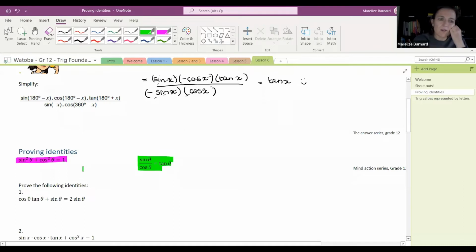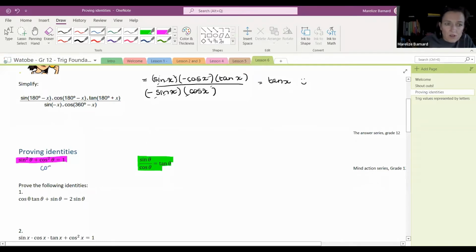These are there for us to use to help us prove identities, but they are also identities in themselves. So when you see sine over cos, you can change that to tan, and similarly you can change tan to sine over cos. Now, because sine squared plus cos squared equals 1, we can rearrange this in a few ways.